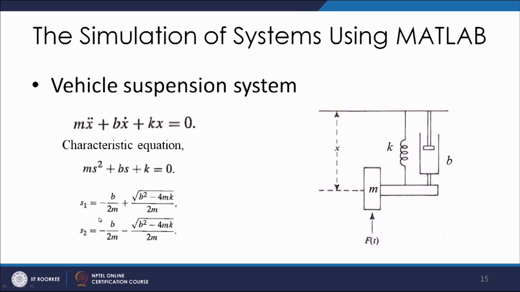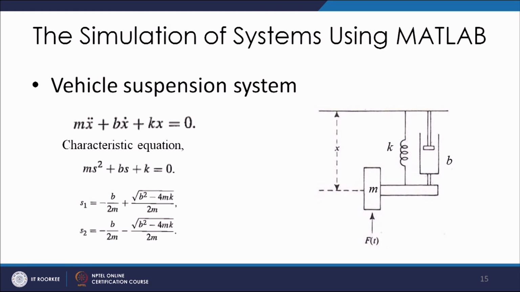Now, I can find out the roots of this quadratic equation. So, S1 and S2 are the two roots: minus b by 2m plus under root b square minus 4 m k upon 2 m, and the other one will be minus b by 2 m minus under root b square minus 4 m k upon 2 m. So, these are the two roots for this equation.